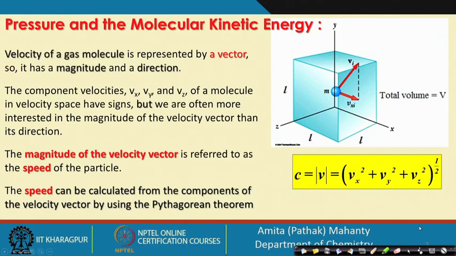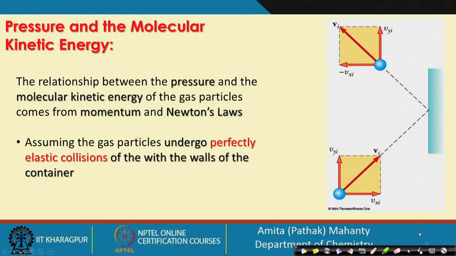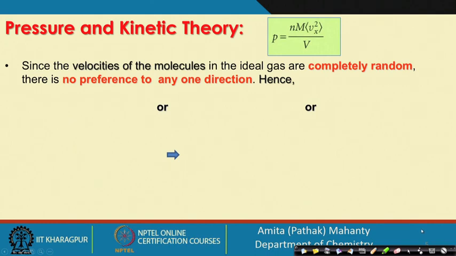If you remember, the expression for pressure was given something like this in the last class, where this was the volume of the total container, and this was the pressure of the gas generated when the molecules or particles of the gas were striking the wall of area A within a distance taken to be Vx into delta t.